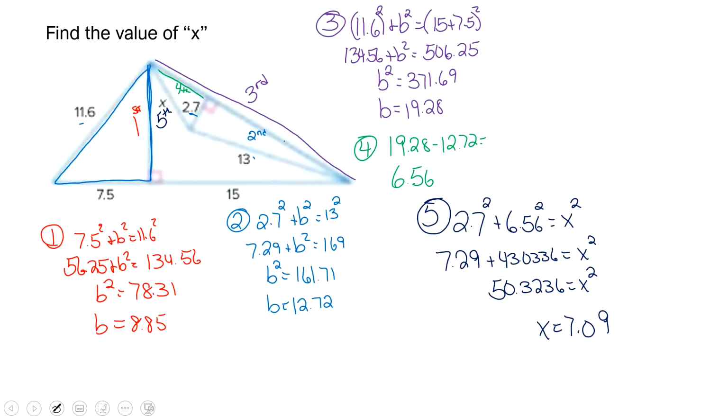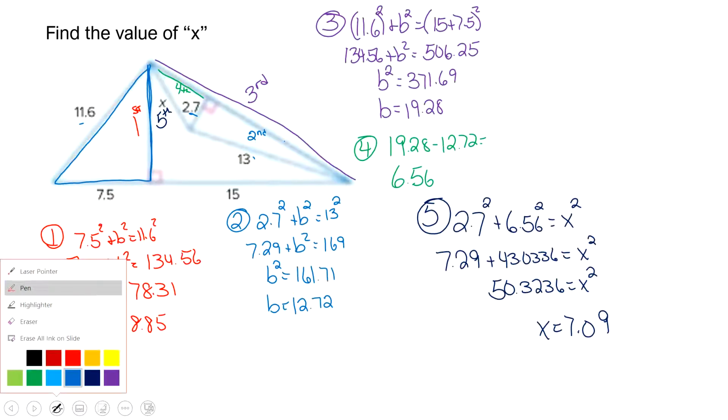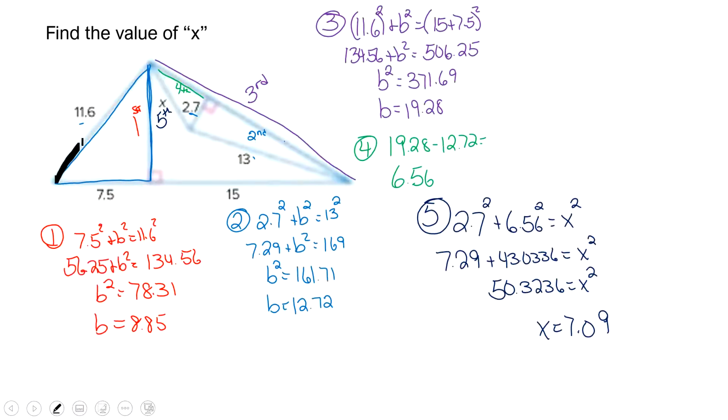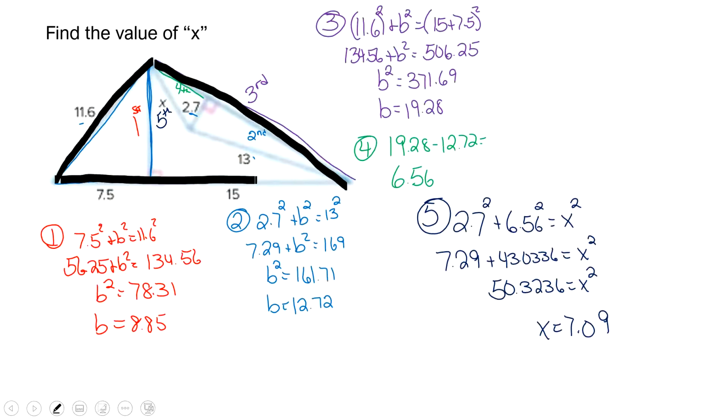Then I needed the big long leg. I'm going to do this with a black highlighter line. I know it's going to look kind of gross. So I had to do this triangle, the big dark long black one. So I added 7.5 plus 15. I got 22.5 there that I had to square. My leg was 11.6.